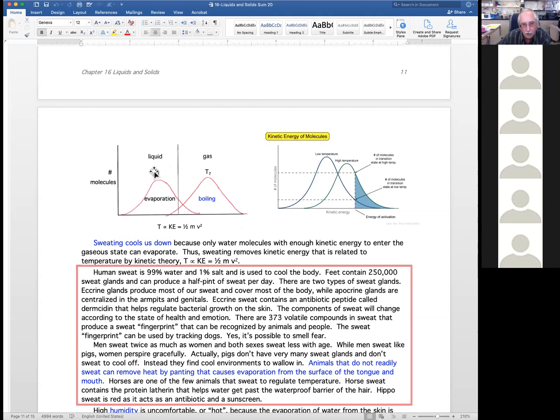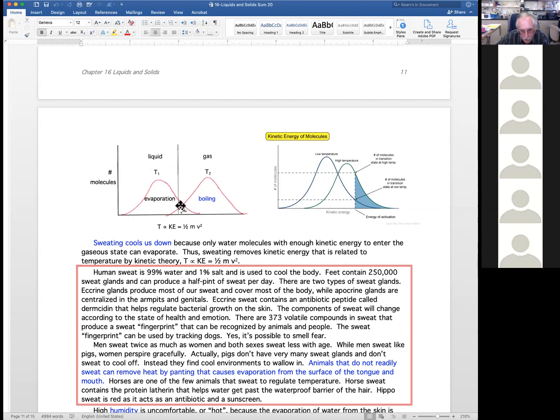Now look at T1. What this curve represents is that not every molecule has the same kinetic energy, right? It looks like a Gaussian distribution. At this particular average temperature, what's going on is evaporation.